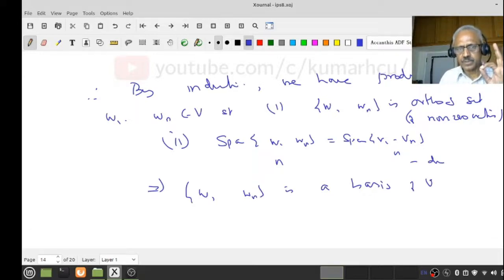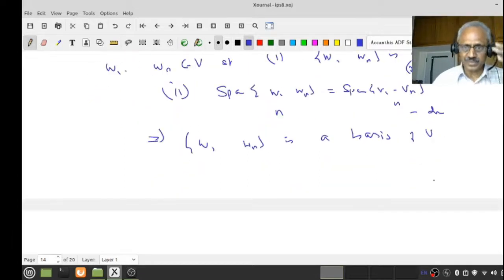Are you sure about this? Make sure you are understanding. If I have an n-dimensional space, and some vectors u1 to un which span the space, then u1 to un should be linearly independent as well, and it must be a basis. We had already shown it's linearly independent, but what we are showing is it's actually a basis, right?